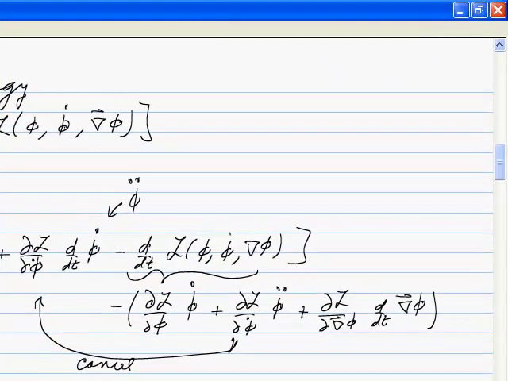The next term I'm going to write here is the result of integrating this by parts. So there'll still be a phi dot, d by dt of phi is still there. But this derivative now goes over onto this side, and changes to a plus sign because I'm integrating by parts.